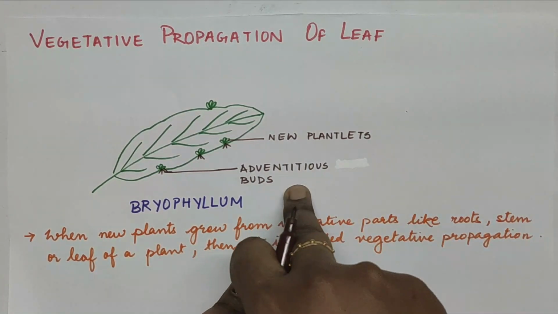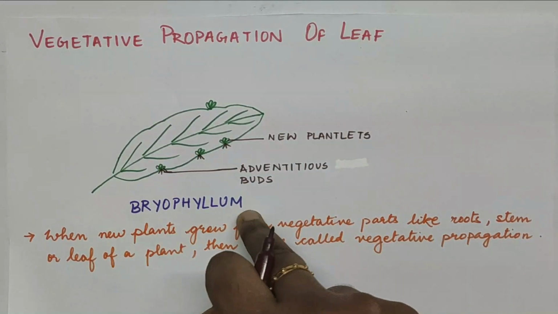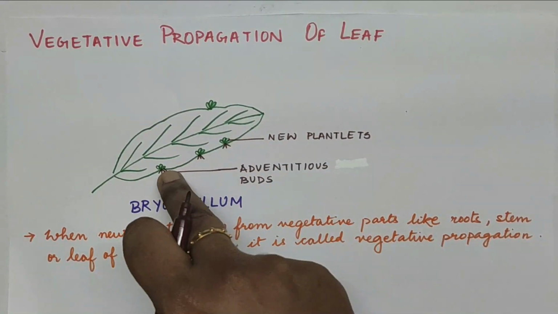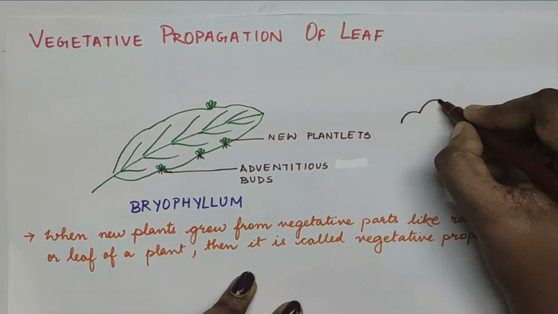And for vegetative propagation by leaf, we are talking about bryophyllum. In the notches of the leaf, these are the notches, you can see these curves are there.